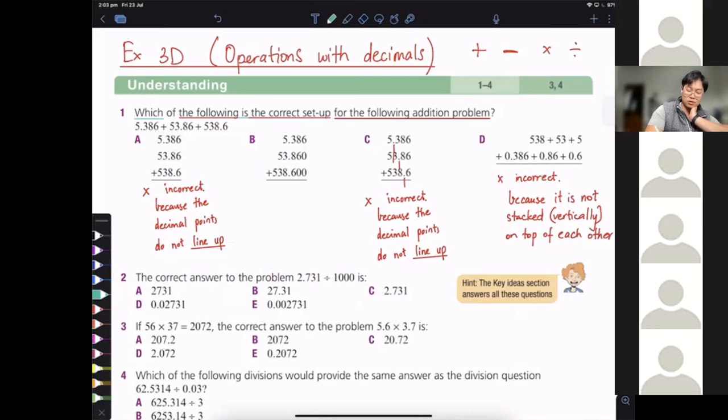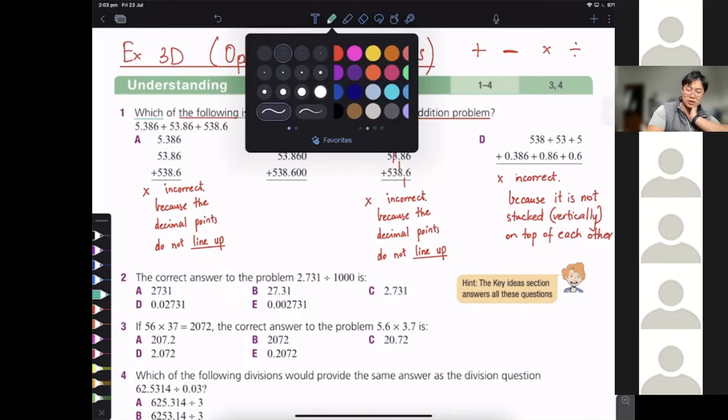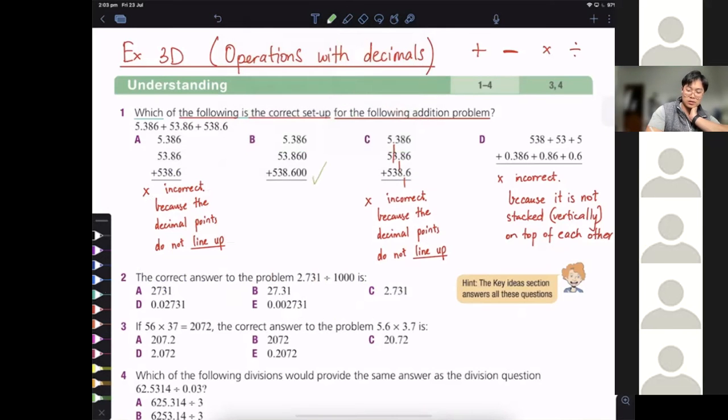This one here is the correct one, because this is the correct setup. So whenever you add decimals, you need the decimal places, or the decimal points, to line up.